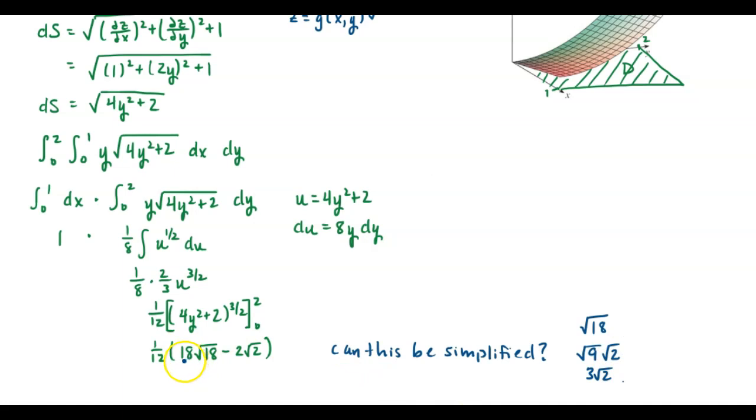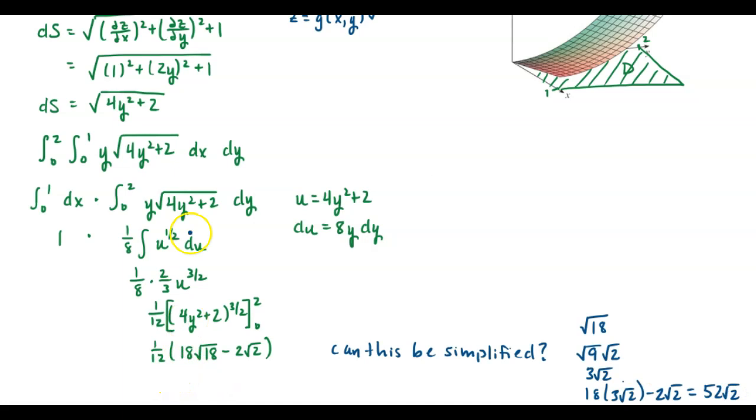And because I'm multiplying 3 root 2 by 18, I've got 18 times 3 root 2 minus 2 root 2. And so 18 times 3 is 54, so I've got 54 root 2 minus 2 root 2, which is 52 root 2.